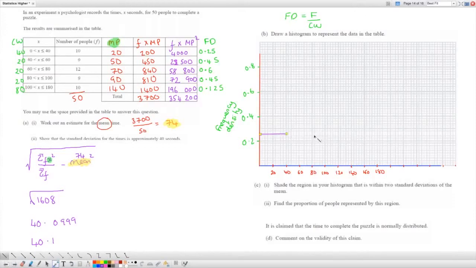So just there. Our second bar will go from 40 to 60, but this time it will be at 0.45.